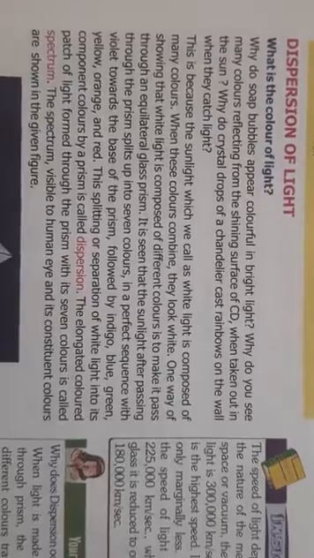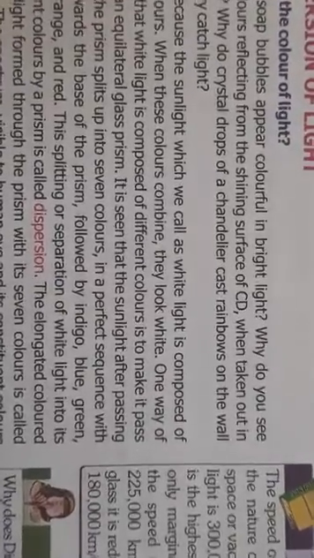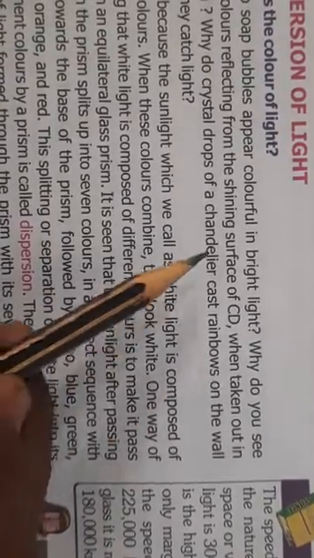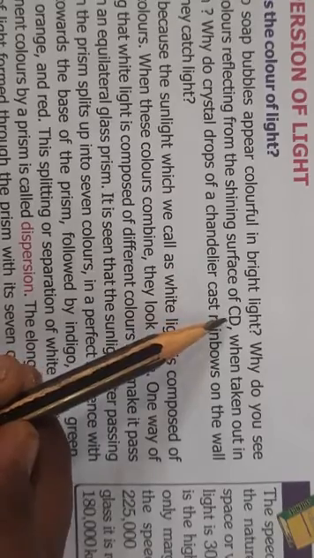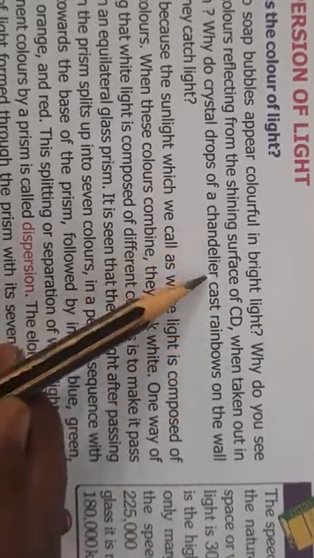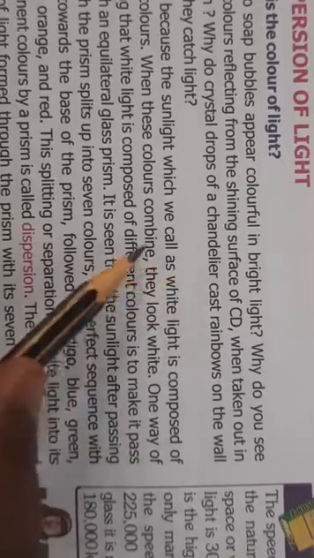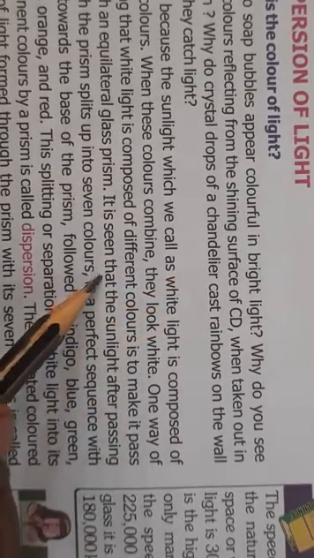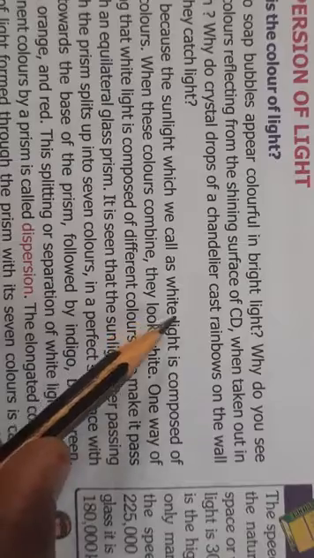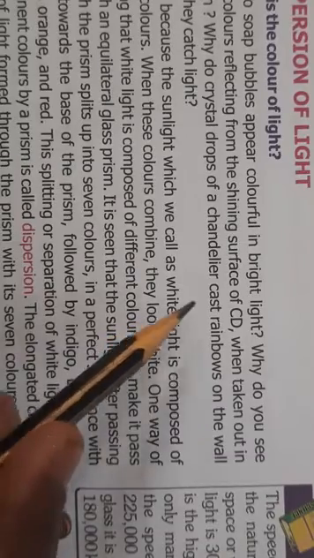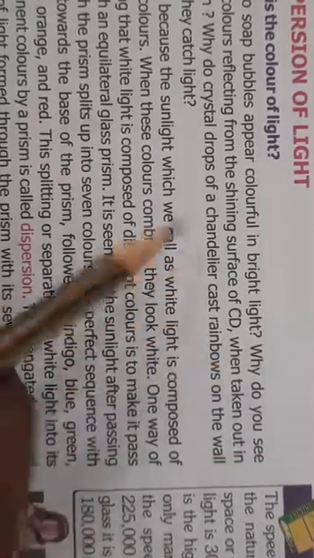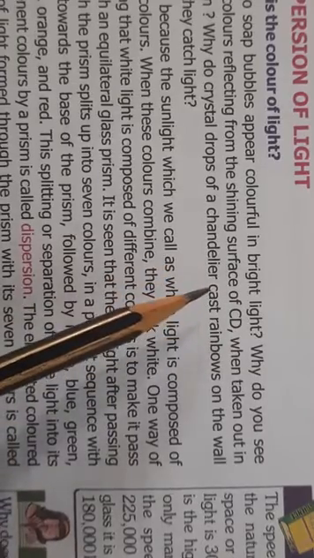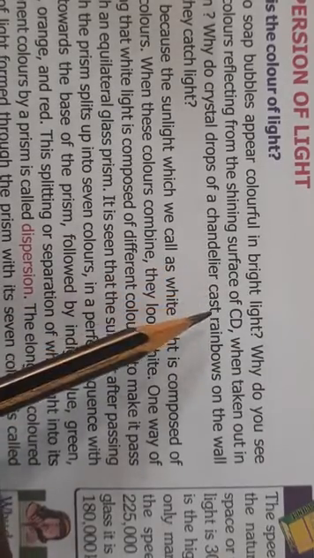Now you all must have seen that soap bubbles appear colorful in bright light. And even if you have seen CDs, if light falls on them, they will show many colors. And even the oil, after rain, if oil spills anywhere, you get to see colorful colors in it as well.